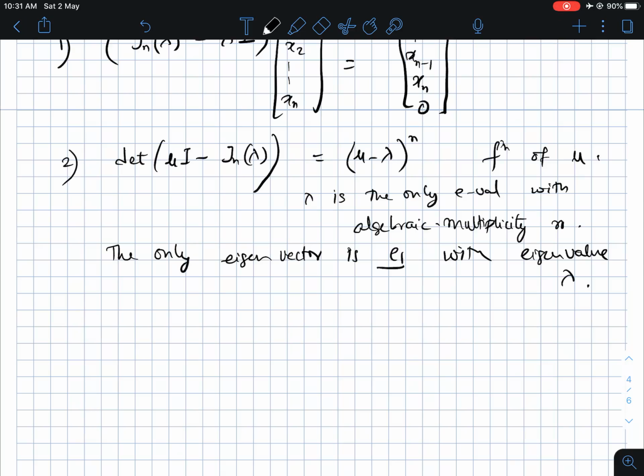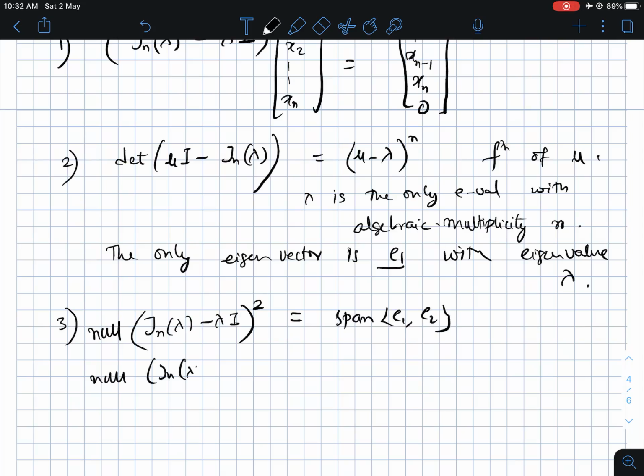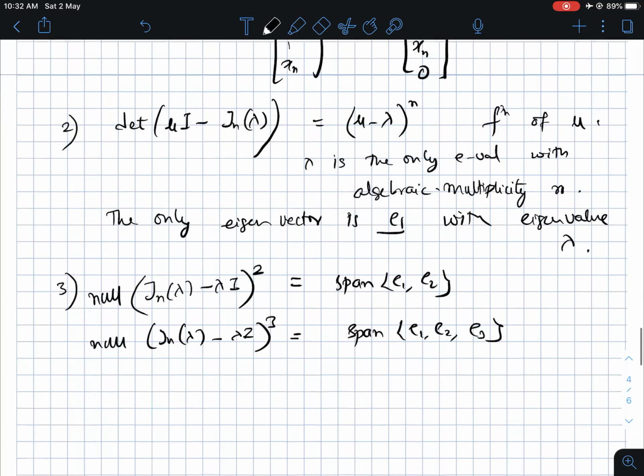Similarly, the null space of Jn lambda minus lambda I whole squared is the span of E1, E2. The null space of Jn lambda minus lambda I whole cubed is the span of E1, E2, E3, and so on.